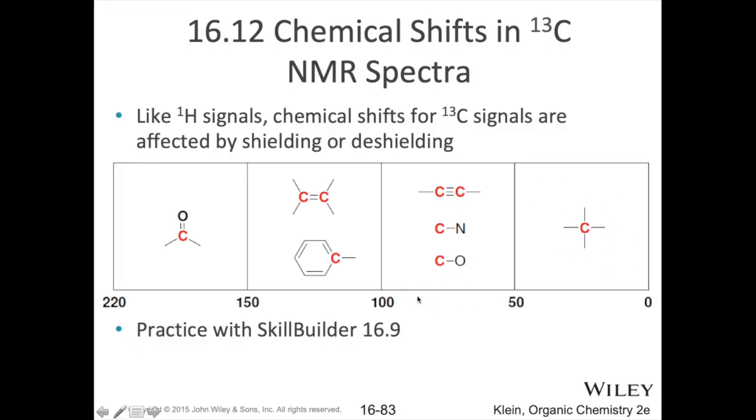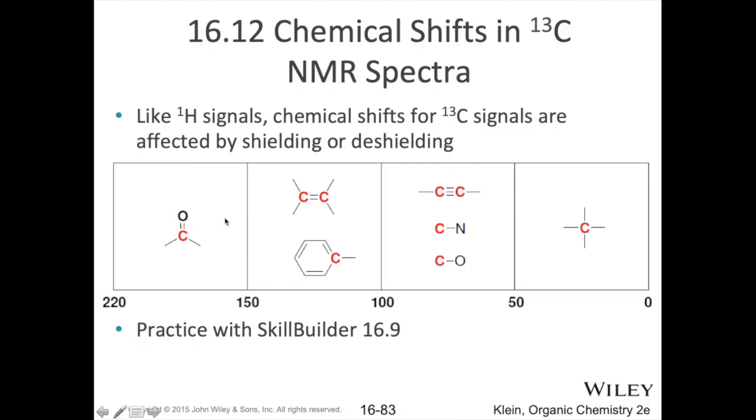Between 50 and 100 ppm, you'll see sp hybridized carbons, as well as carbons connected to electronegative elements like nitrogen or oxygen, at least through single bonds. Between 100 and 150, we have sp2 hybridized carbons, whether they're part of an aromatic system or aliphatic, like this alkene. And then between 150 and 220, we have sp2 carbons that are part of a carbonyl, double bonded to an oxygen.